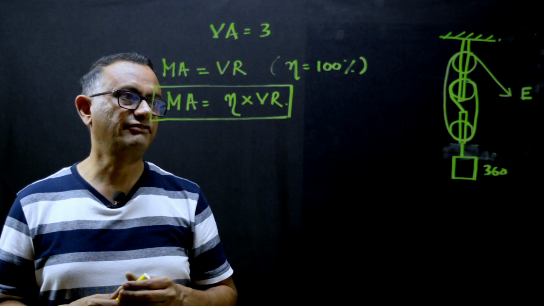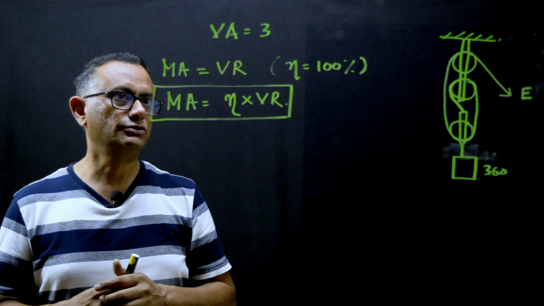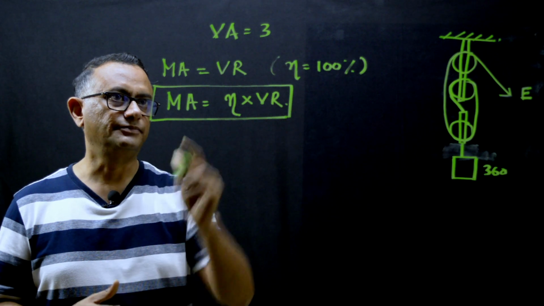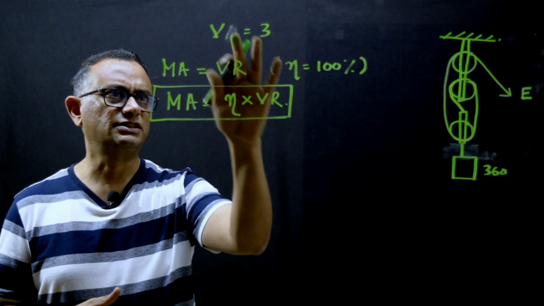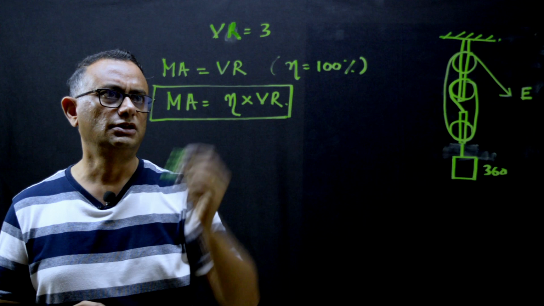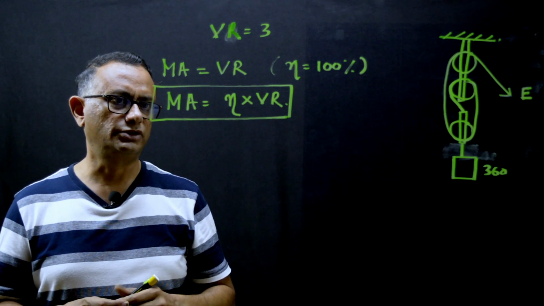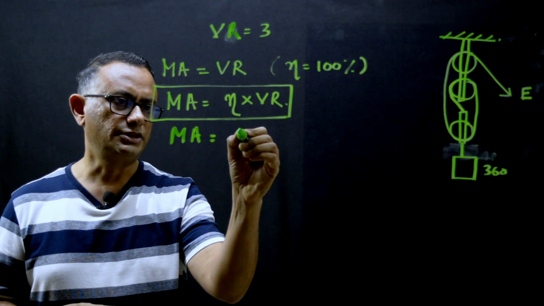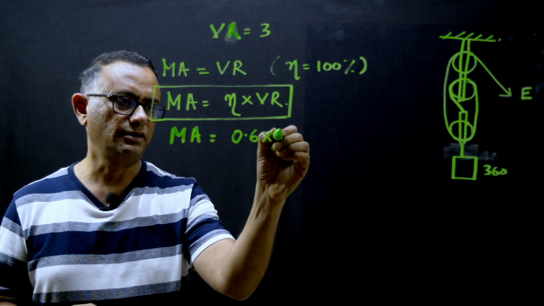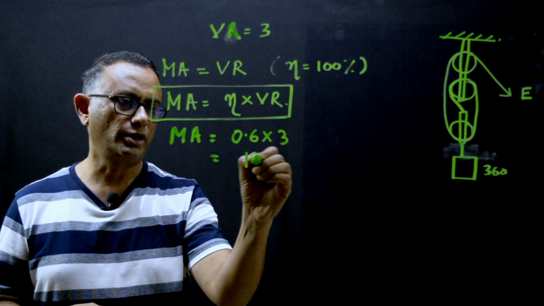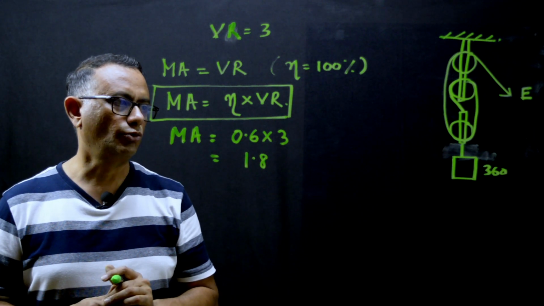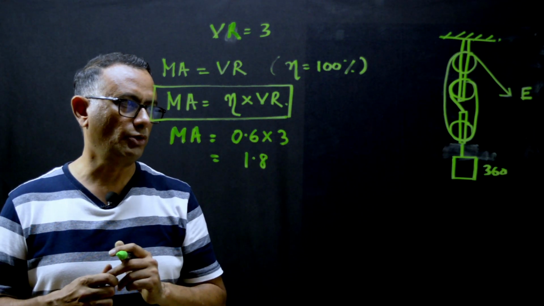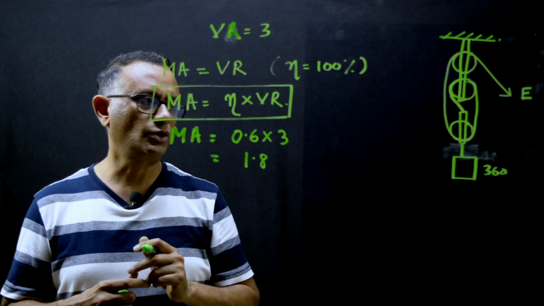So given the fact that velocity ratio is 3, I have written it as VA, it should be velocity ratio. Given that velocity ratio is equal to 3, we can calculate mechanical advantage to be equal to 0.6 times of 3, or it is going to be 1.8. Okay, so once we know that mechanical advantage is 1.8, we can very easily find out the effort.